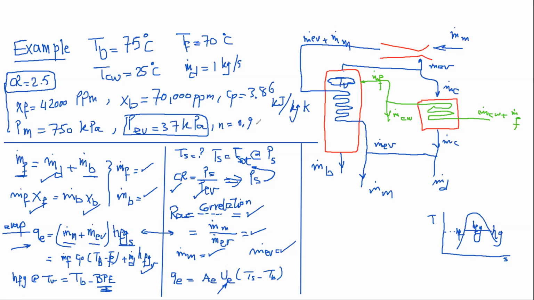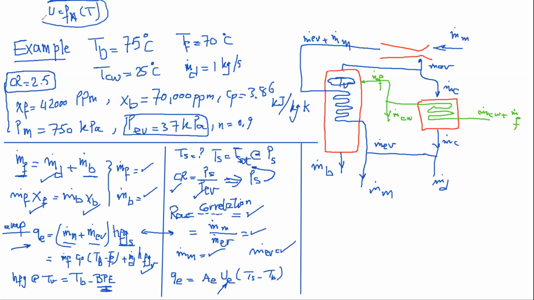I have to tell you also that if you look at the book that I'm going to post on the blackboard, which is the book of Dessouky and Touni, you'll find that he gives the overall heat transfer coefficient as a function of temperature. So this is another polynomial you can substitute in to calculate the overall heat transfer coefficient.